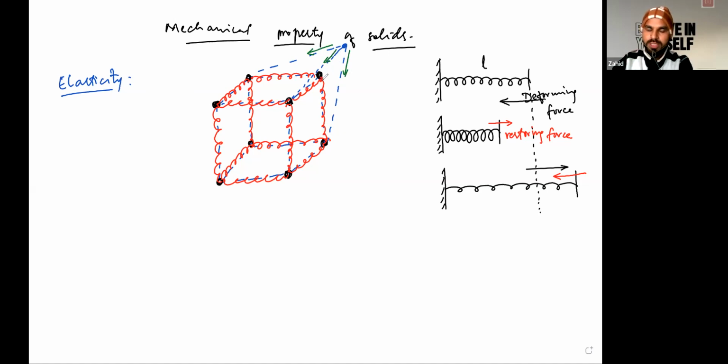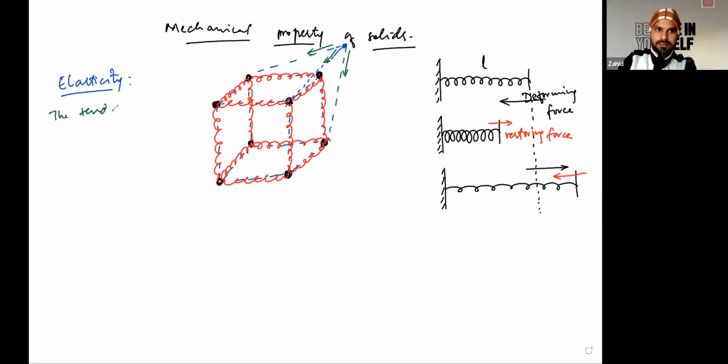This tendency of a body, by which a restoring force gets developed in it and brings the particle back to its original state, is called elasticity. Is it clear? Yes, sir.